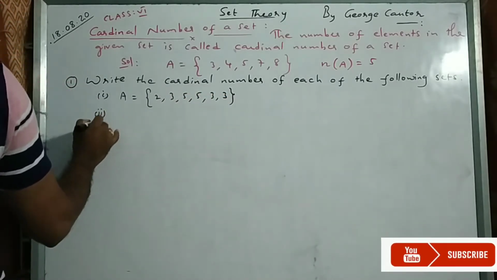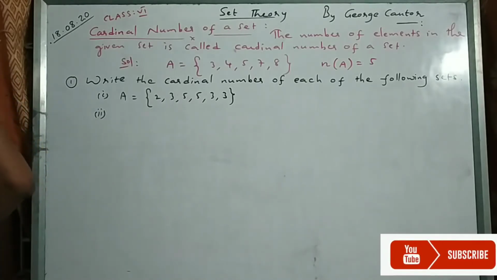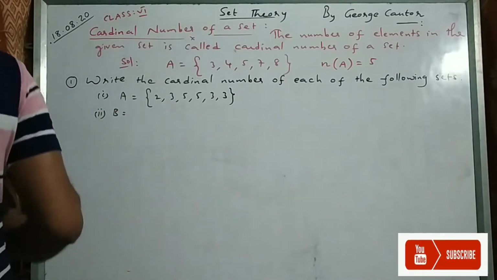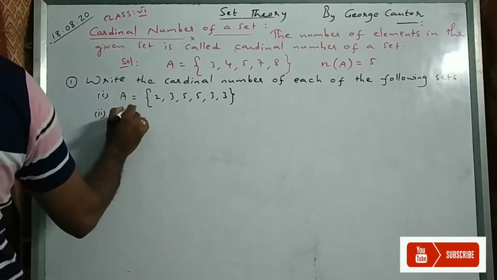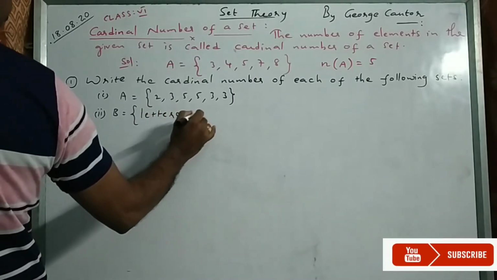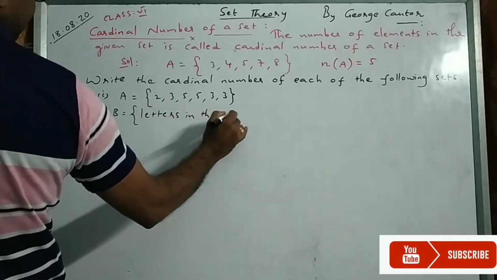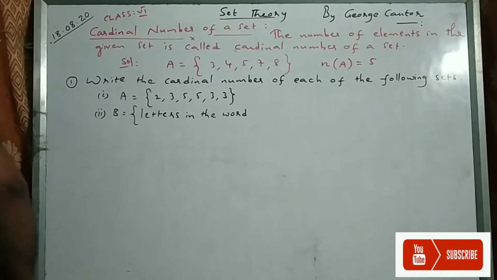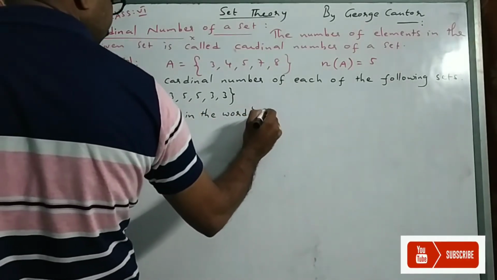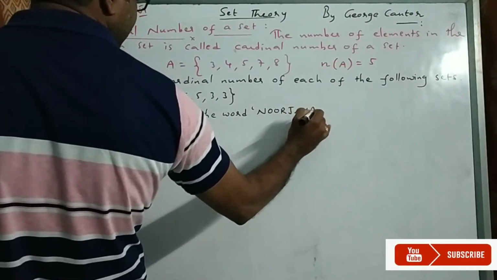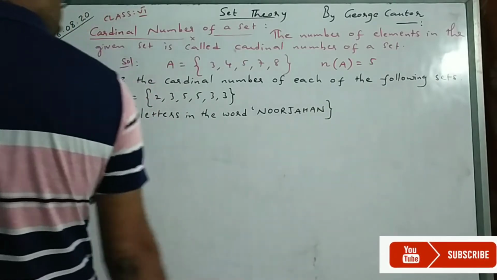Observe sets clearly. B equal to letters in the word Noor Jahan.